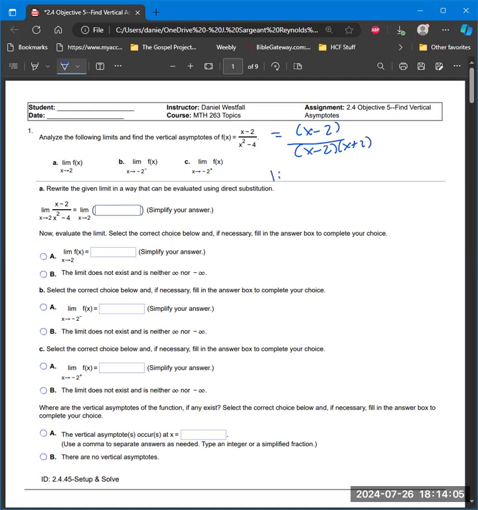So we're going to say that the limit as x approaches 2 is 1 over x plus 2. That will cancel. That's going to be 1 over 4.